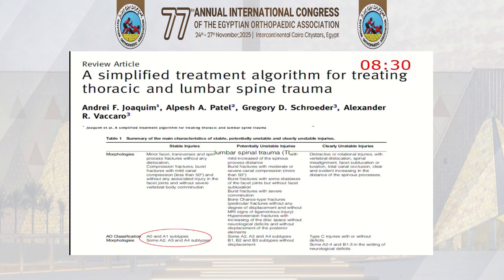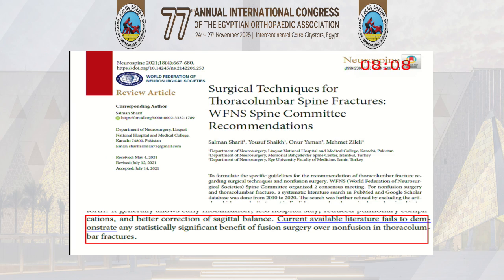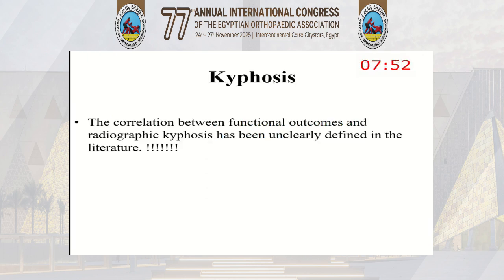So I'm afraid the literature didn't help me at all. There is nothing called scientific management of A2 fracture. Some people recommend surgery for some patients with A2 fractures only. I don't know what's the meaning of some patients. And still the current available literature has no clear evidence of fusion surgery versus non-fusion.